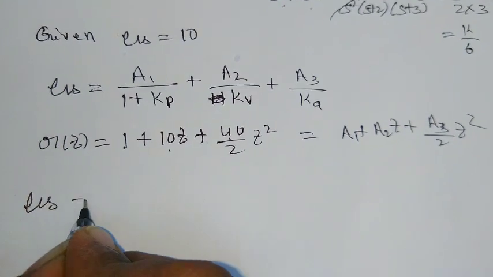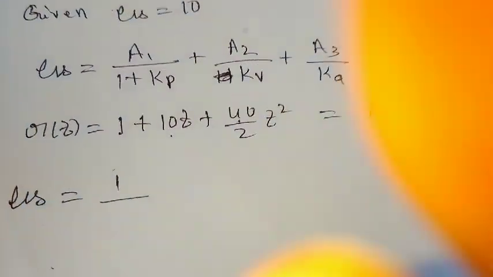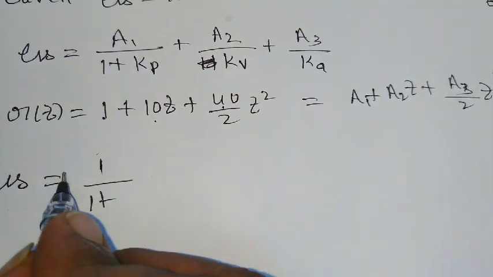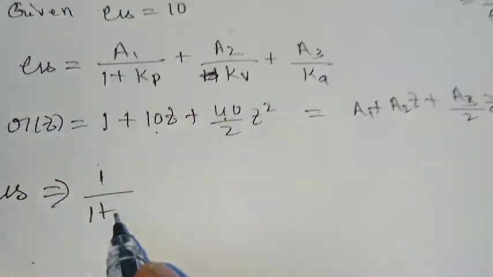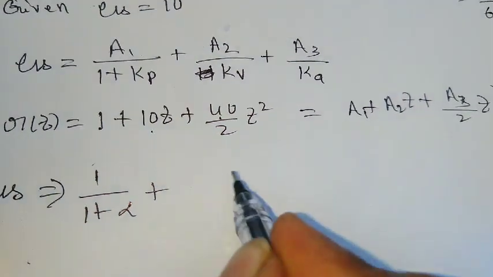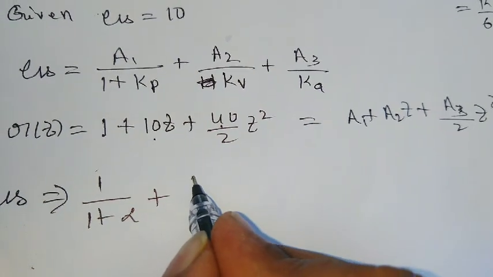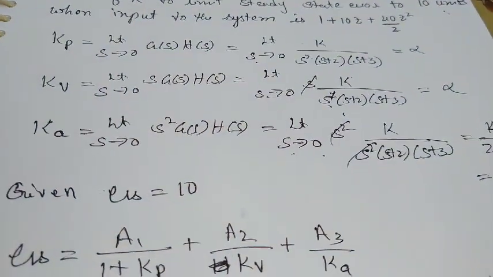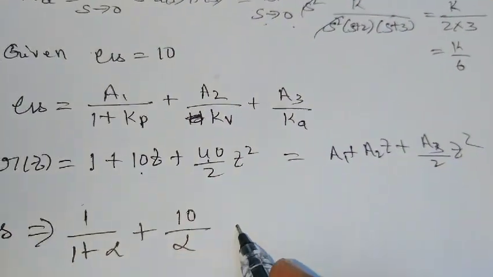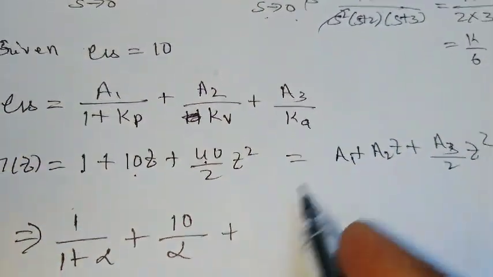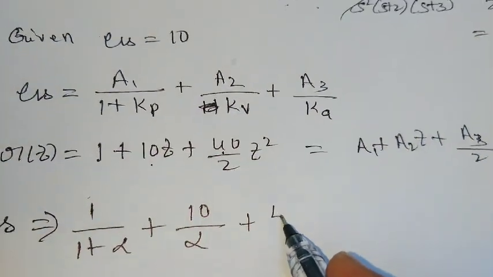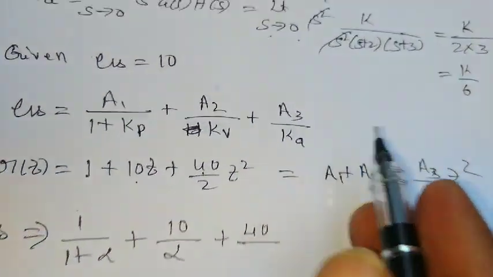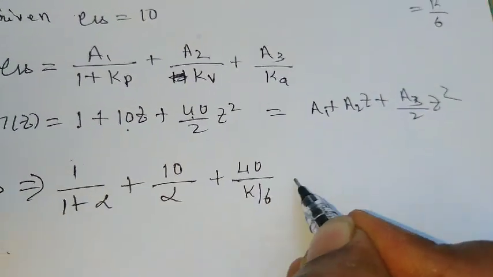When you compare, you get a1 as 1, a2 as 10 and a3 as 40. So my ESS will be 1 divided by 1 plus Kp, which is infinity, plus 10 by Kv, which is also infinity, plus a3 by Ka. a3 is 40 divided by Ka, which is K by 6.